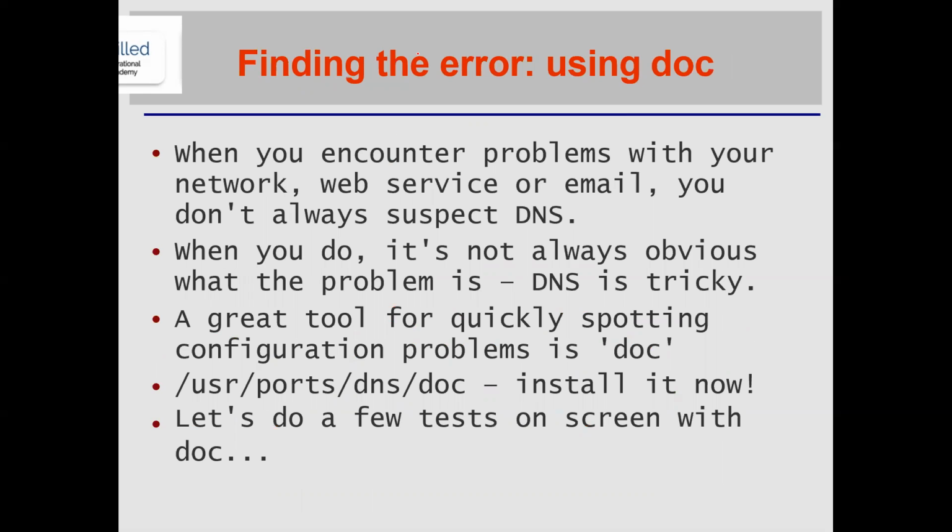When you encounter any problems with your network, web service or email, you don't always suspect DNS. When you do, it's not always obvious what the problem is because DNS is tricky. A great tool for quickly spotting configuration problems is dig.